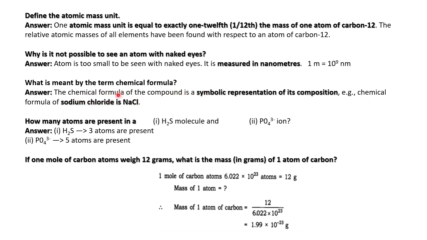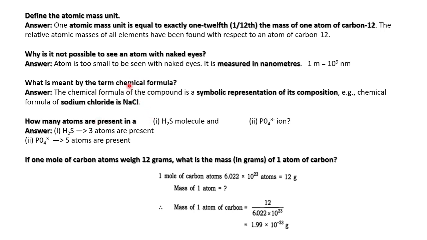Sodium is Na, chlorine is Cl. So we are symbolically writing sodium as Na and chlorine as Cl, and with the valence number, sodium 1 and chlorine 1, we write NaCl. So what is a chemical formula? The symbolic representation of its composition is the chemical formula.